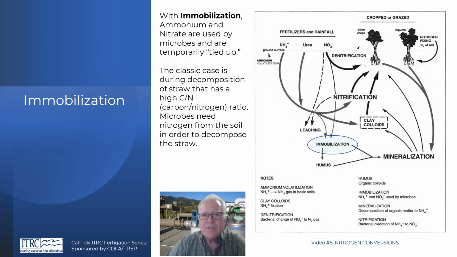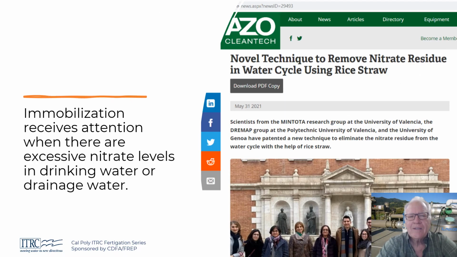Anyway, there's another lag here. The previous slide talked about the carbon-nitrogen ratio and immobilization of nitrogen. When the microbes are decomposing something like rice straw, which has a large amount of carbon but very little nitrogen, microbes need the nitrogen and they take it from the soil water.